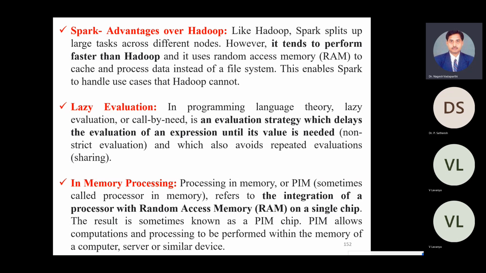In-memory processing. So what is meant by in-memory processing? Processing in-memory is nothing but we are computing the complete task in random access memory. You may get a doubt, sir, RAM is a temporary memory and ROM is a permanent memory.